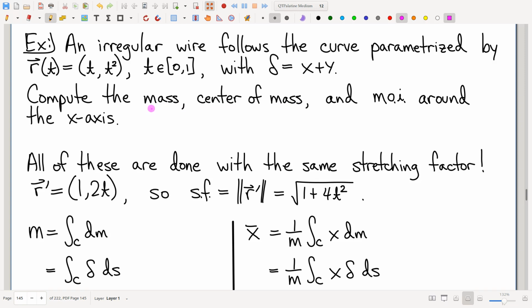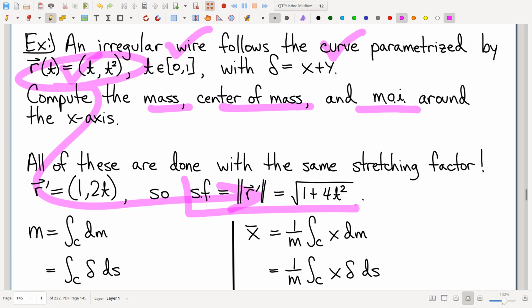All of these different questions, they all pertain to the same wire, right? Which follows the same curve that we understand with the same parameterization, with the same distribution of density, right? So a lot of stuff about these questions is in fact exactly the same. And one of the things that we have to do in particular is take that parameterization and go through and compute the stretching factor that I'm going to need to insert.